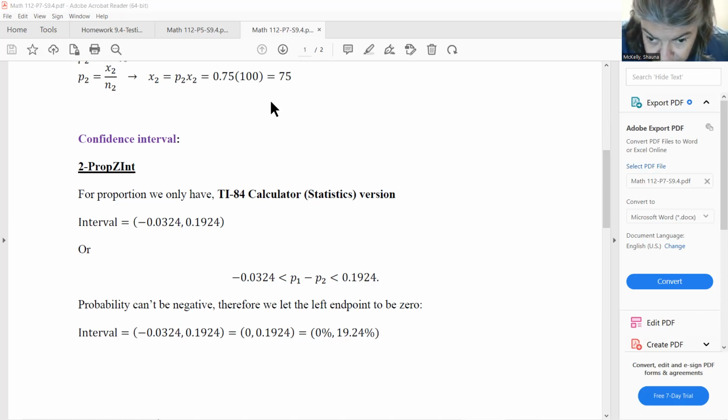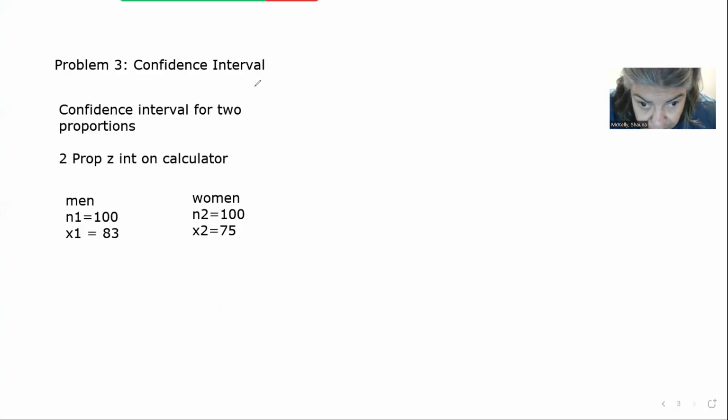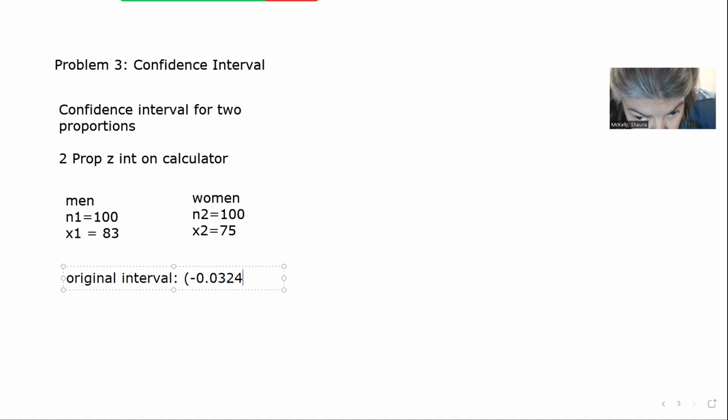So our original interval, we drew our interval, and your original interval is going to be negative 0.0324 and 0.19235.